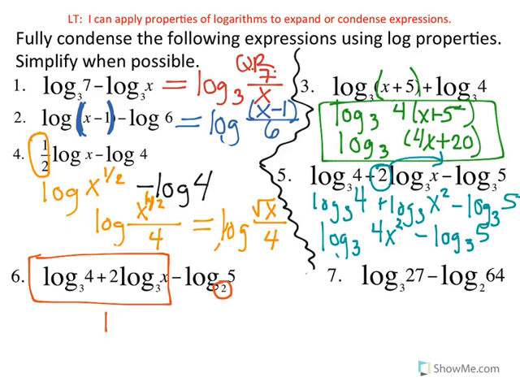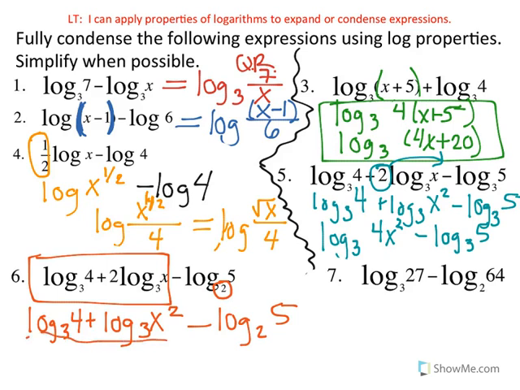I've got a power, so I can pull that power back. Keep the back. And then again, from number 5, we know that this front part will combine using the product rule. So log base 3 of 4x squared, keep the back.